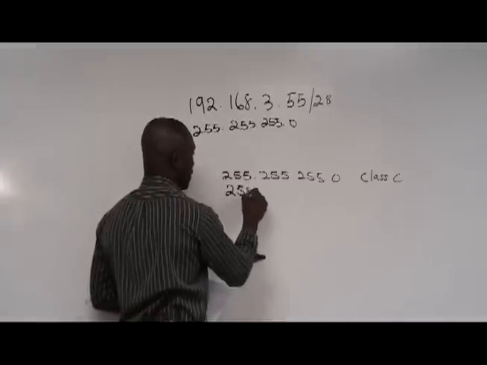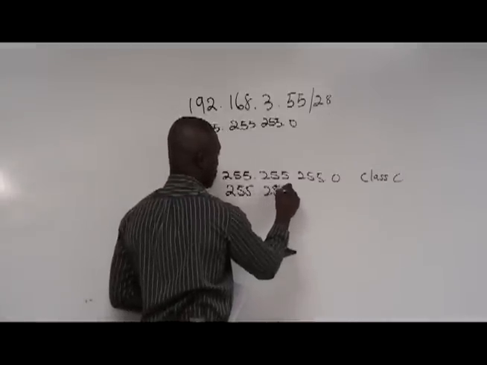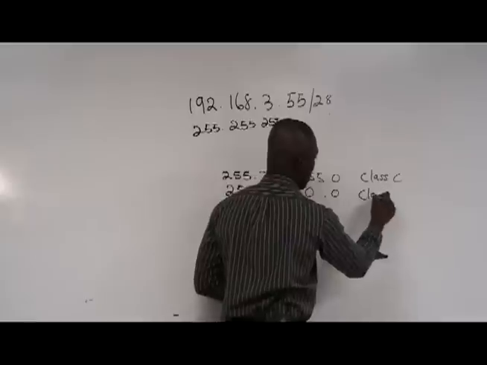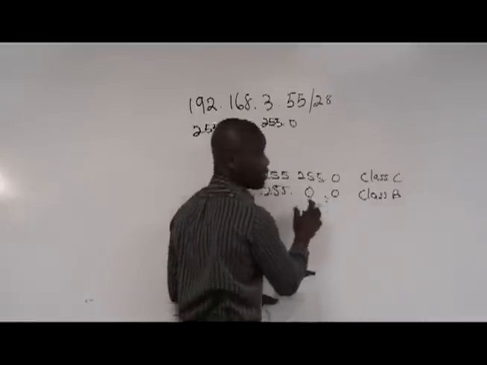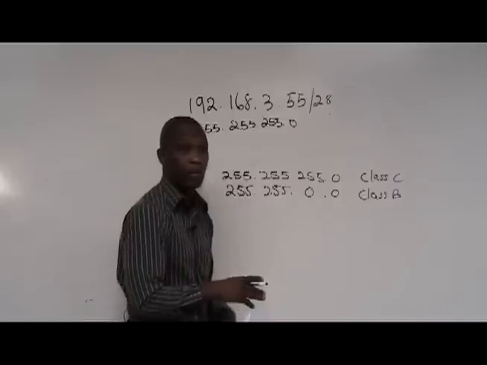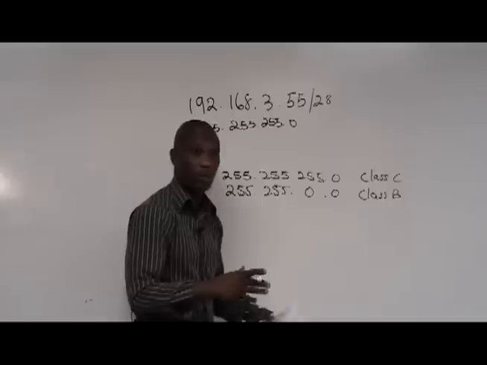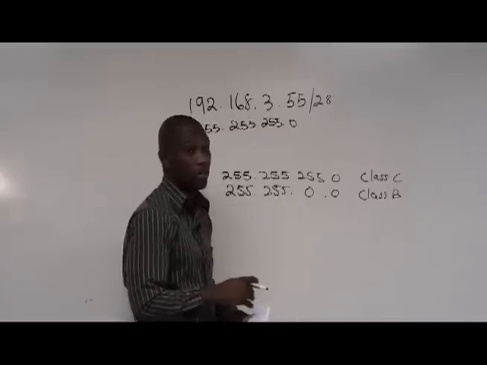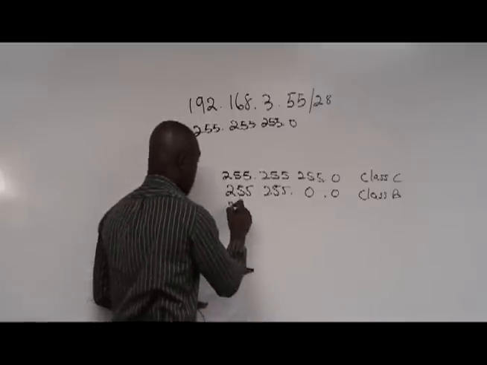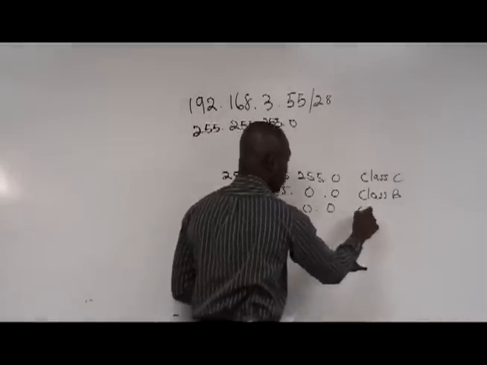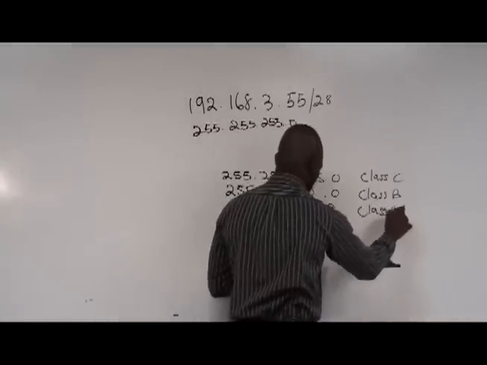Class B will be 255.255.0.0, that will give us a class B. And most of your exams, especially for those who want to do these Cisco CCNA tests, the industry exam, they're going to be asking a lot of questions on these subnets basically. So it's 255.0.0.0 that would give you a class A.